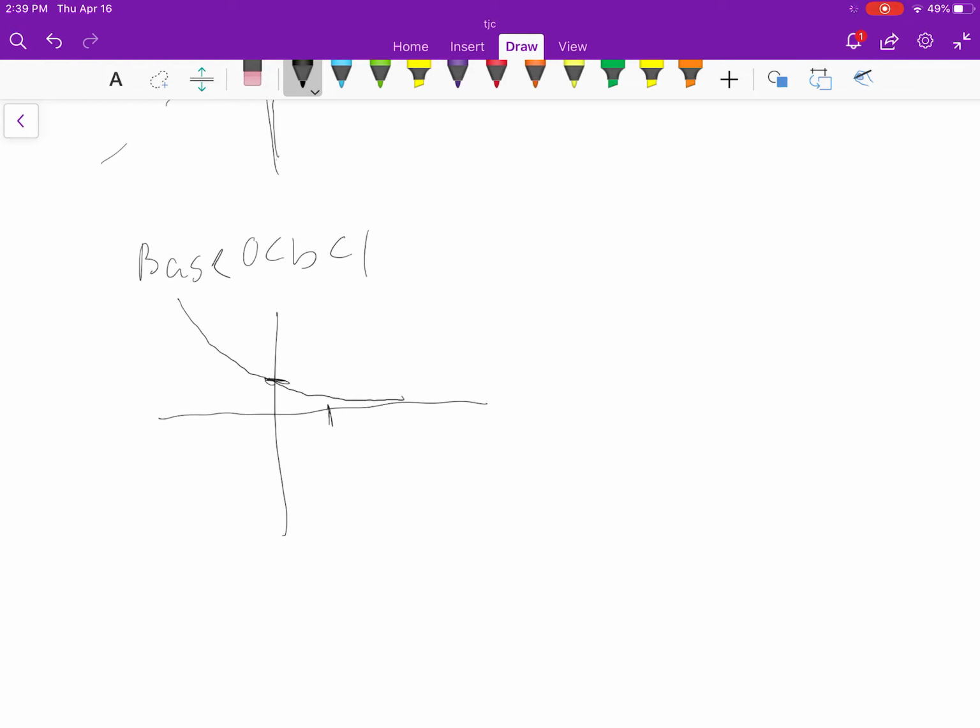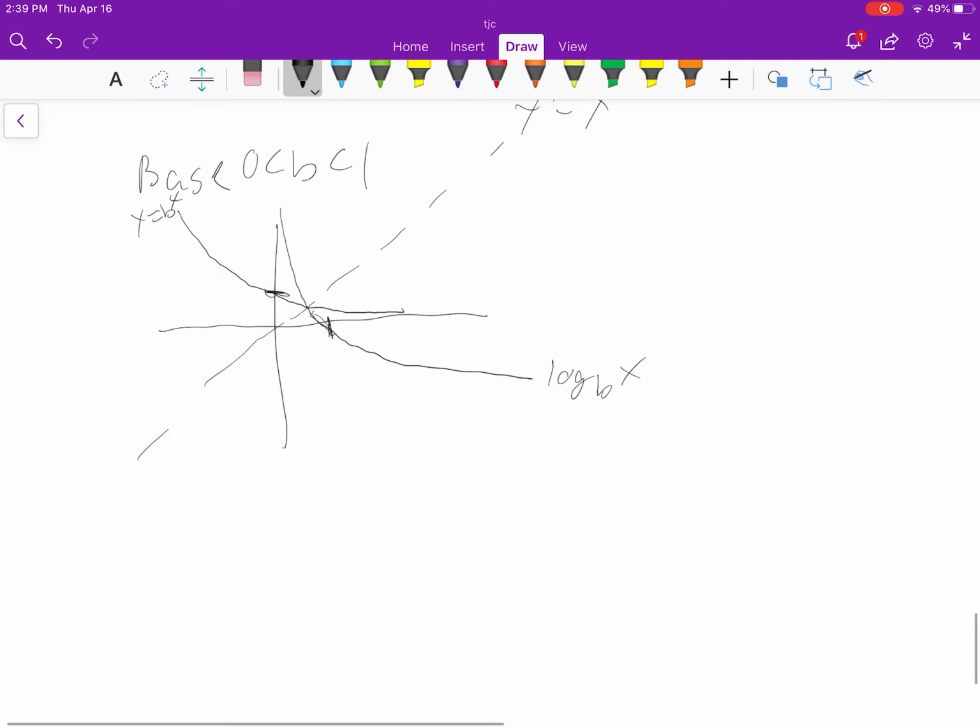This is 1, like this one, then this guy will descend like that, and you'll have, this is y equals x, this will be your log base b of x, this will be your y equals b to the x.